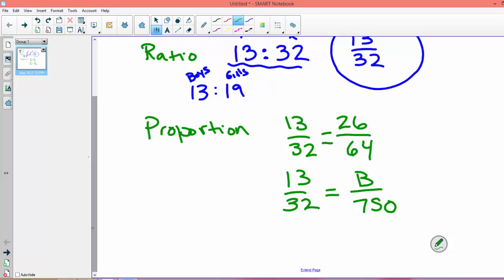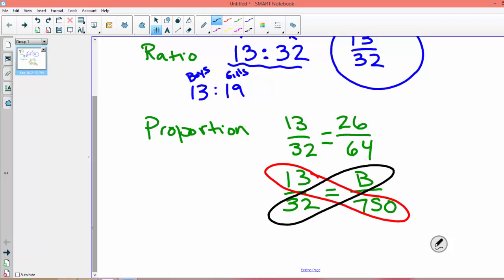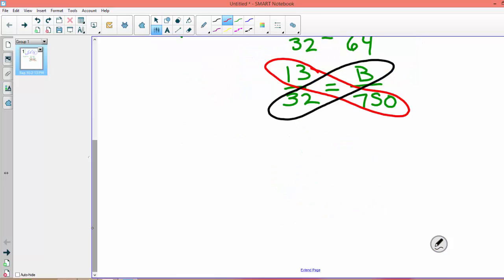And when you have two fractions equal to each other with nothing added or subtracted, the easiest way to solve is to cross multiply. So essentially we are multiplying by 750, and we are also multiplying by 32. So 32 times b would be 32b.